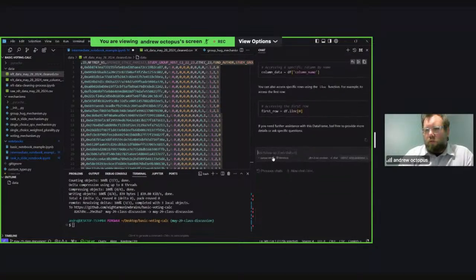I'm going to say I'd like to add a random value for a new column, for each row, and call it studies registration.